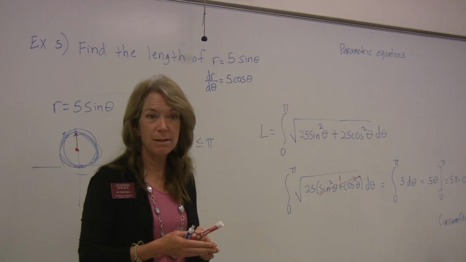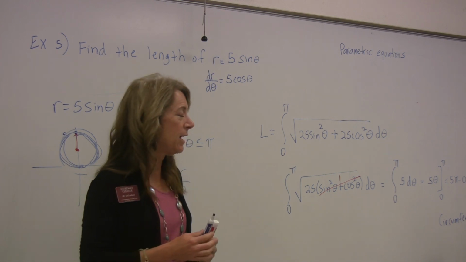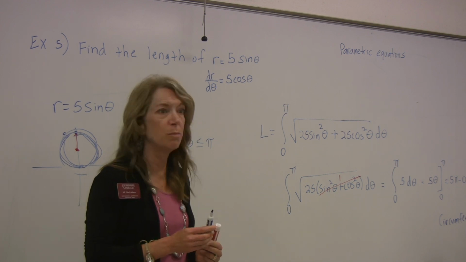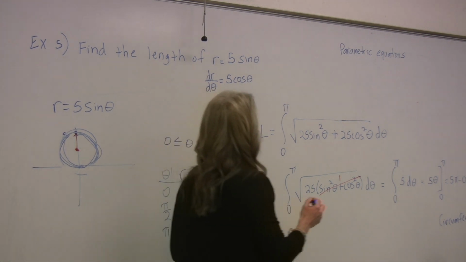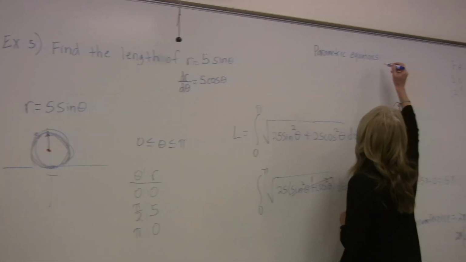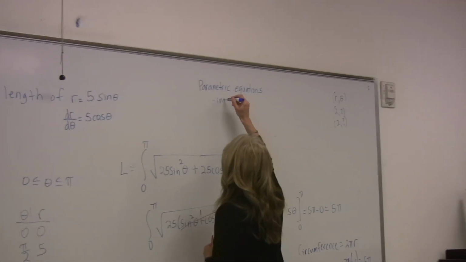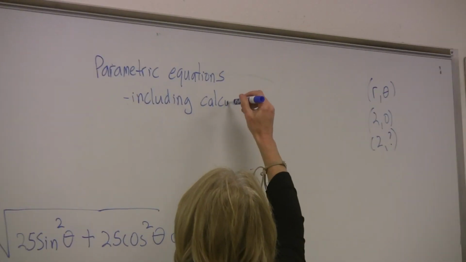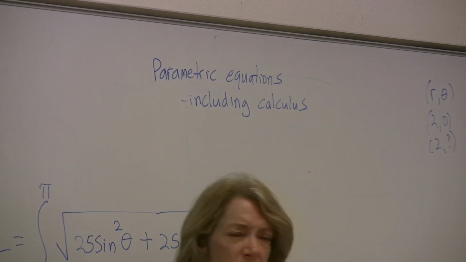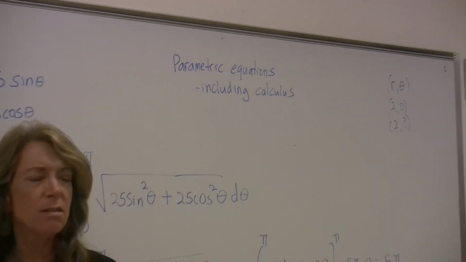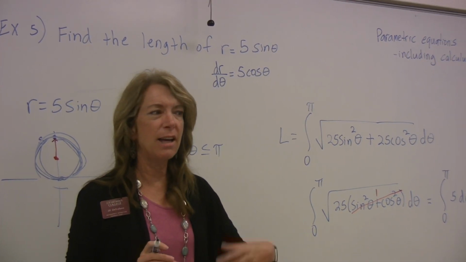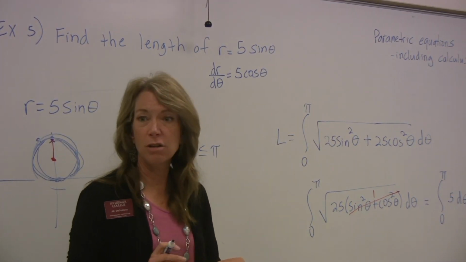We can graph things in parametric, we can eliminate the parameter to get a Cartesian, we could find slopes and tangent lines. So there was also calculus included. So that was actually 2 sections. The first section just introduced the parametric equations, and the second section actually had us doing equations of tangent lines and where there were horizontal tangents or vertical tangents.